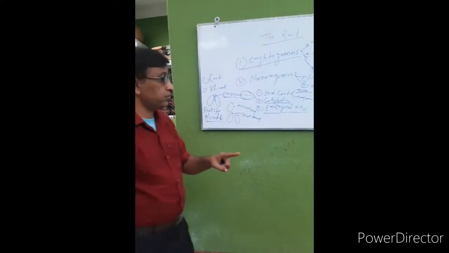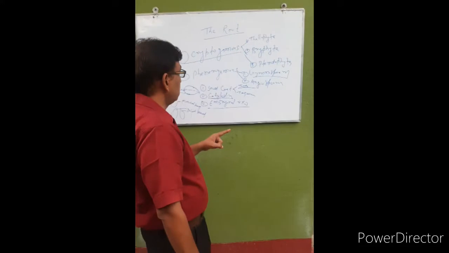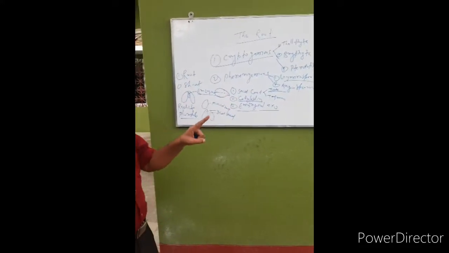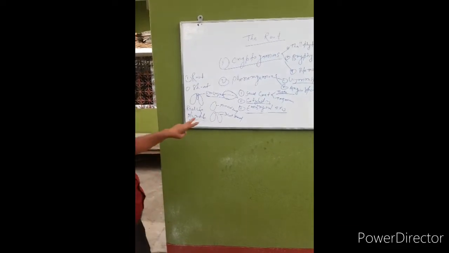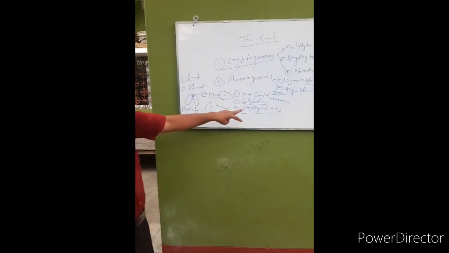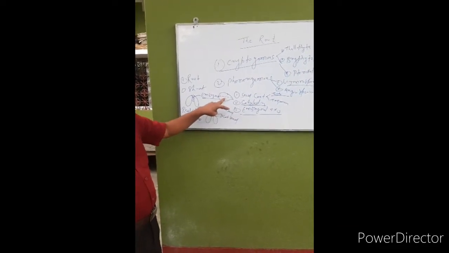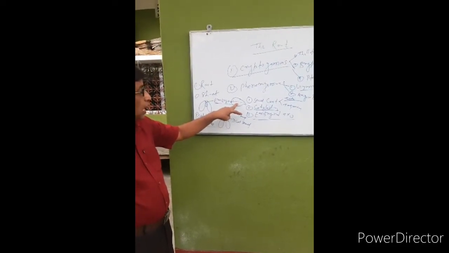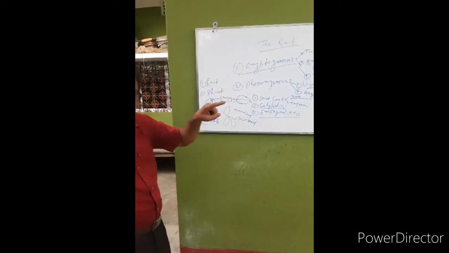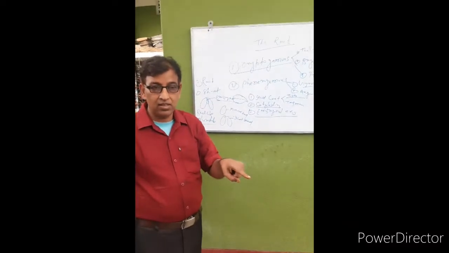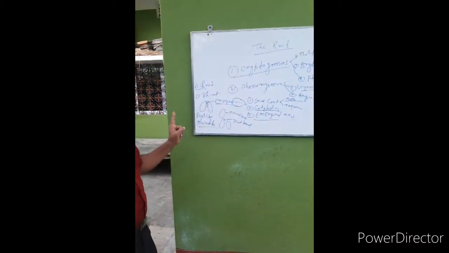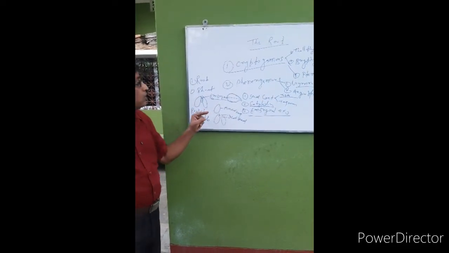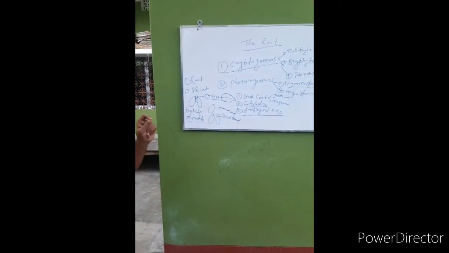So root is the part of the plant which arises from the radicle of a seed and grows toward the soil and away from the sunlight. This is the definition of angiospermic root, also called taproot.